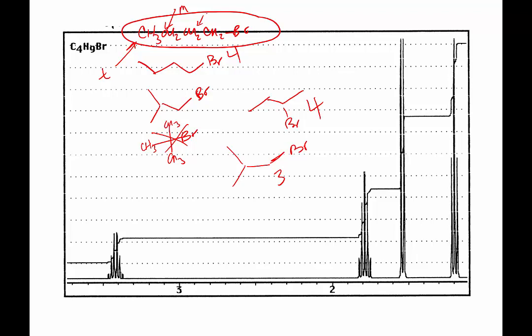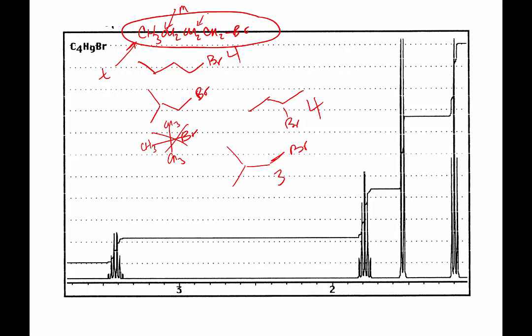How about the CH2 that's in between the CH2 and the other CH2? Is it in between 2 different groups? Sure it is. It's in between a CH2 that's attached to a CH3 and another CH2 that's attached to a bromine, so those 2 groups are not the same.